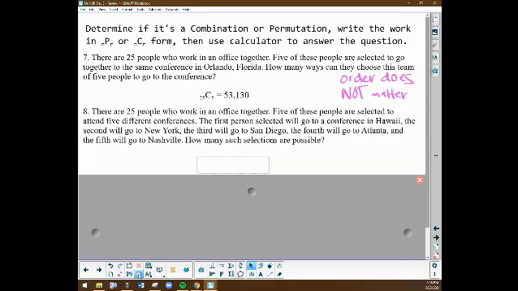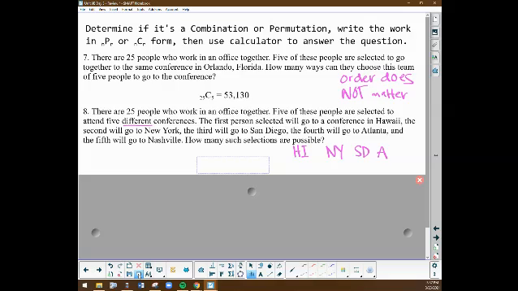Okay, next one. There are 25 people who work in the office together. 5 of these people are selected to attend 5 different conferences. The first person will go to Hawaii. The second person will go to New York. The third person will go to San Diego.